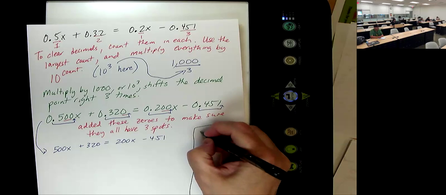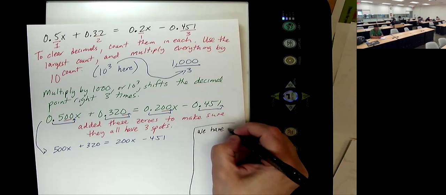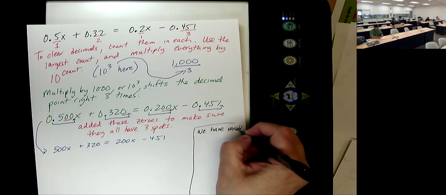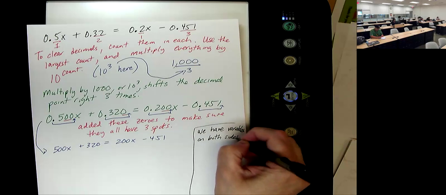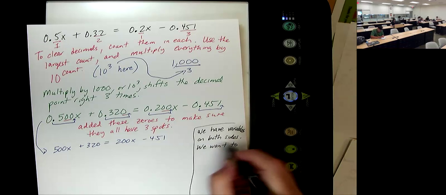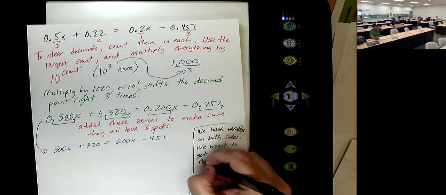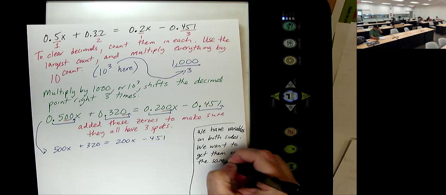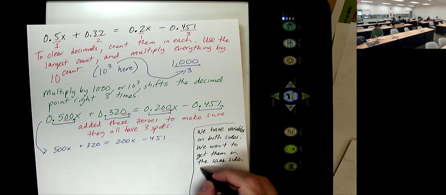At this point, we have variables on different sides. We want to get them on the same side. We also have to do it where it balances.